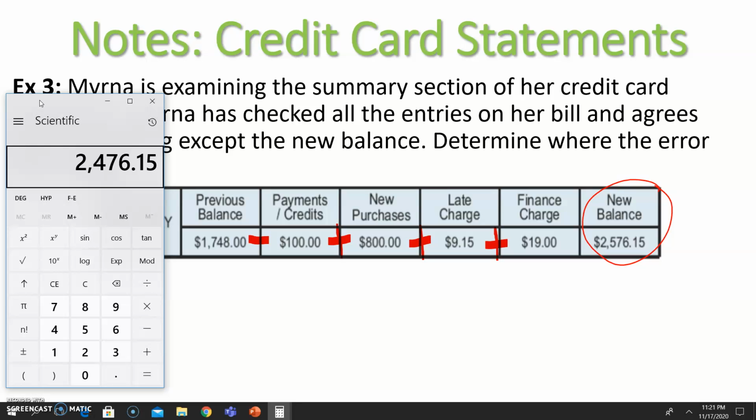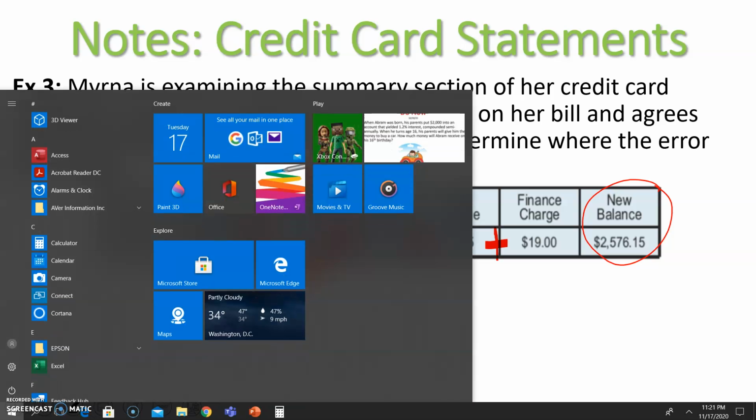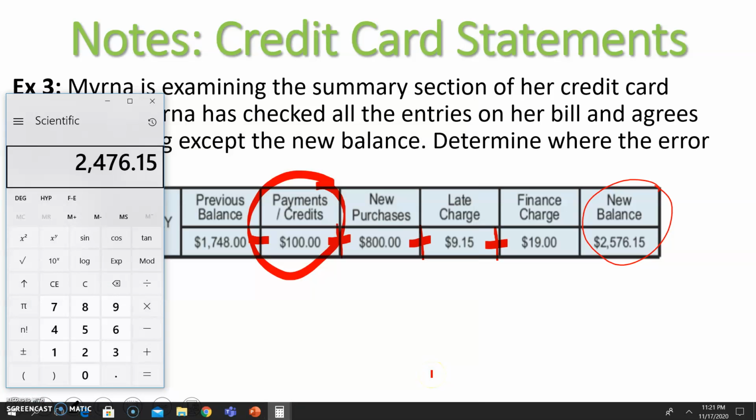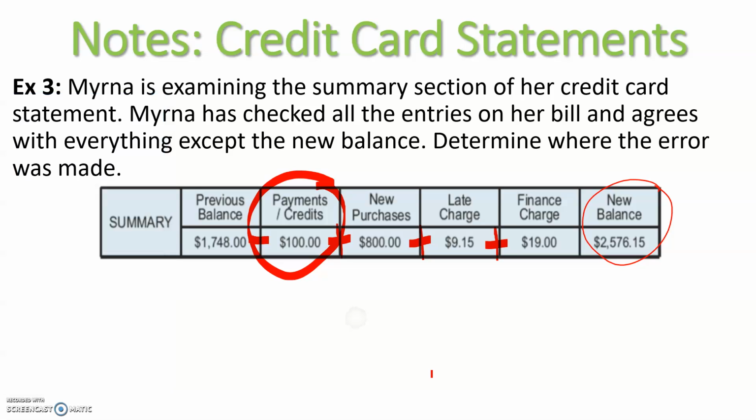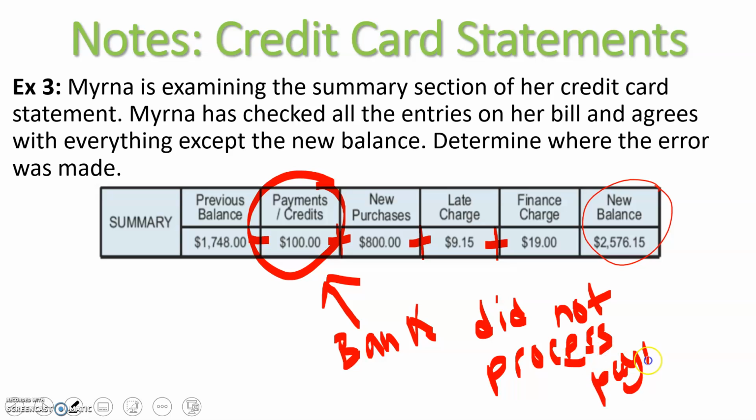So it appears that the error is here, because when we look at those numbers, we can see that the difference is $100, and this is the location where we see $100. So we might argue that the bank did not process this. Right, there's our error.